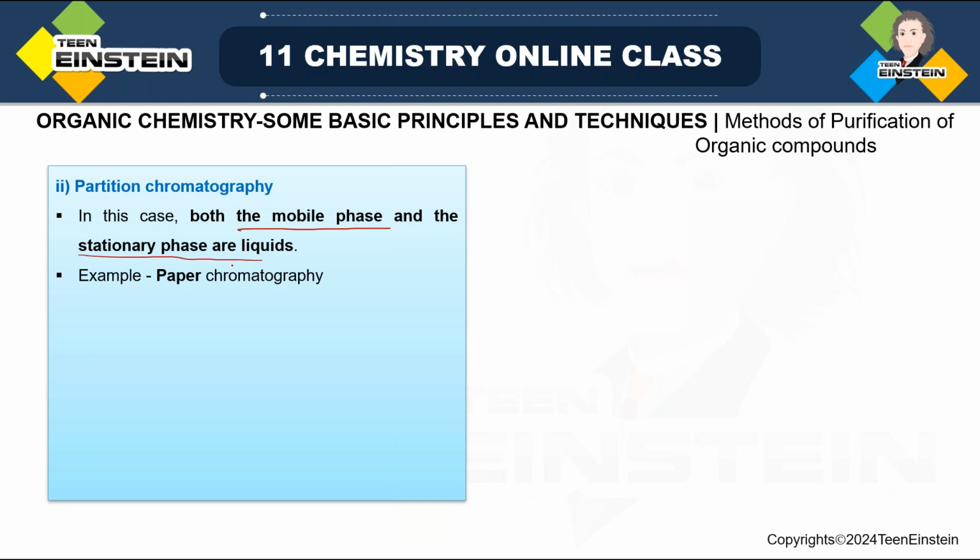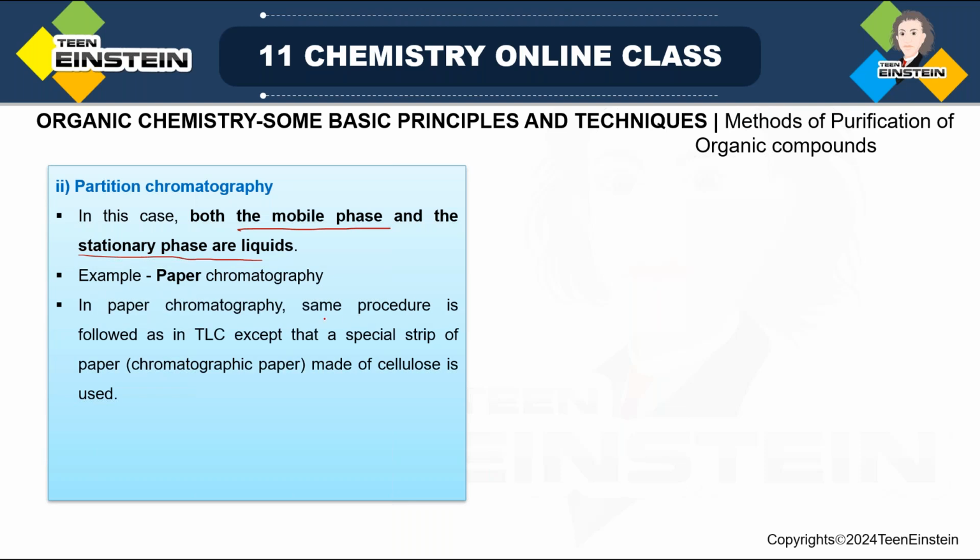But TLC is not under partition, that is under adsorption chromatography. So paper chromatography is almost the same procedure as we follow in TLC. The difference is that in TLC you have taken a glass plate or aluminium foil or plastic plate over which there is a thin layer of solid adsorbent. But now there will be a special strip of paper.